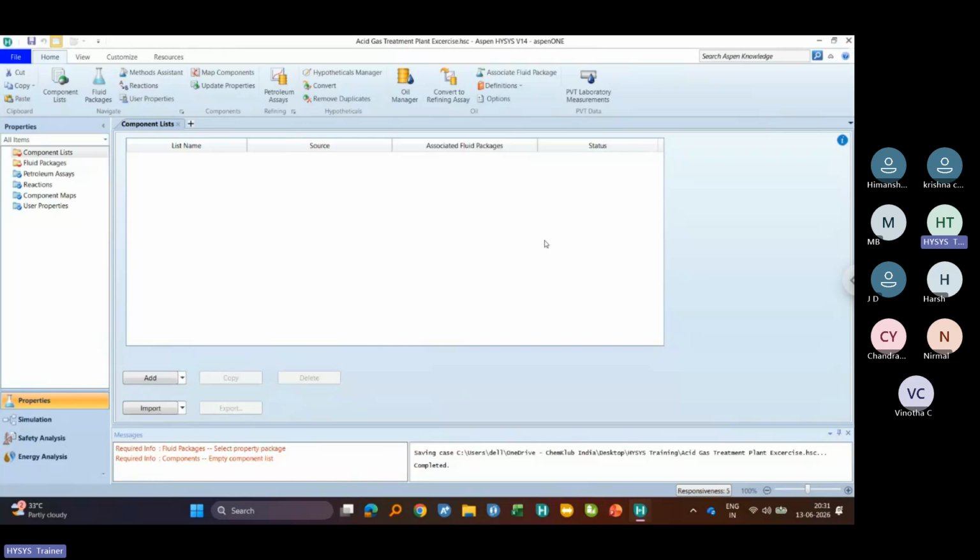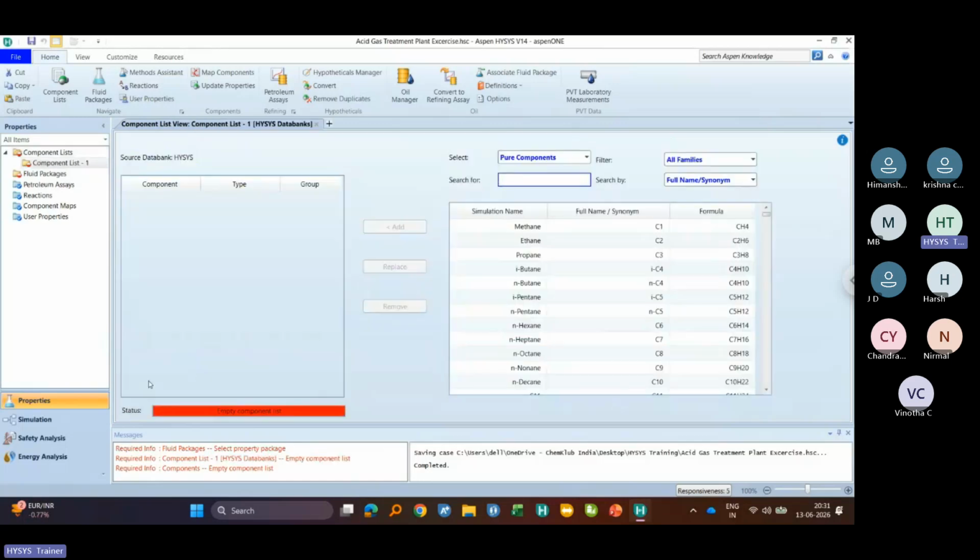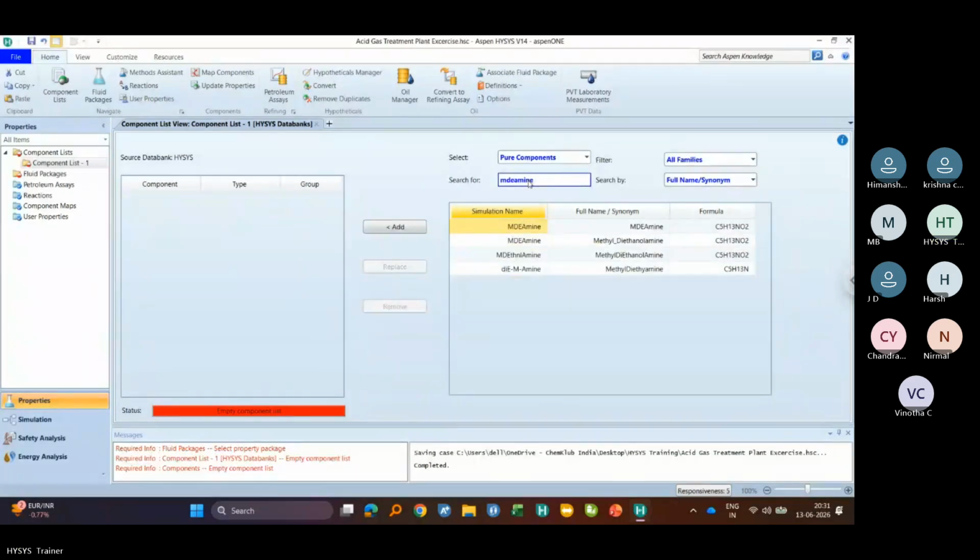So let's add the components. What are the components given to us in the problem statement or the steps? Let's add first MDEA amine. So I will write over here MDEA amine.